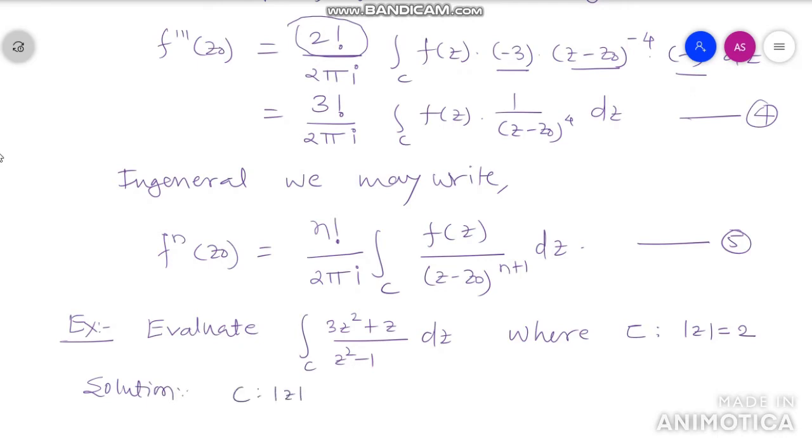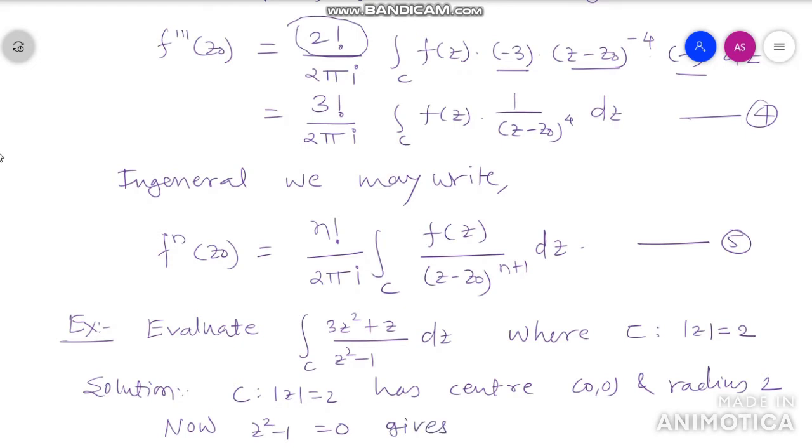C is a circle, mod z is equal to 2, which has center 0, 0 and radius 2. Now z square minus 1 is equal to 0 gives z minus 1 into z plus 1 equal to 0.